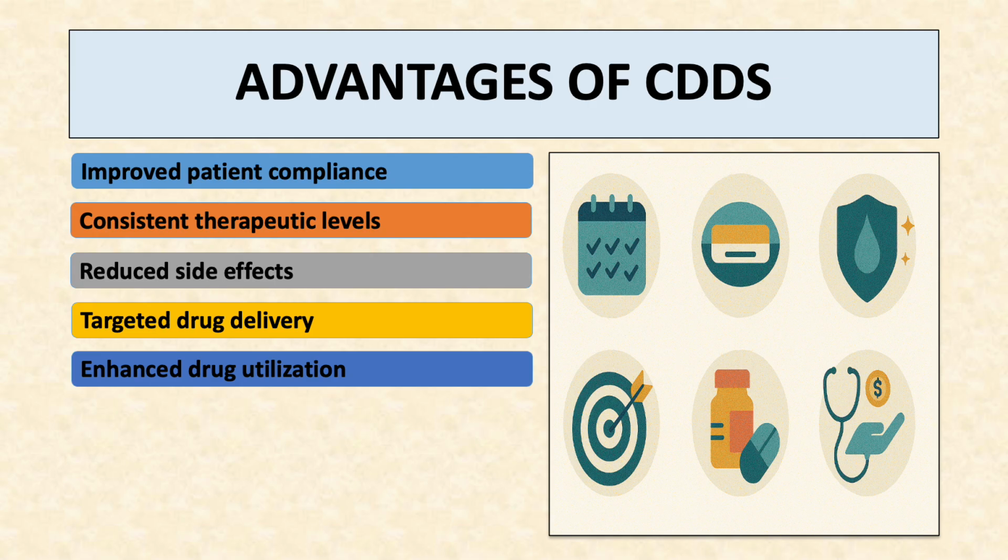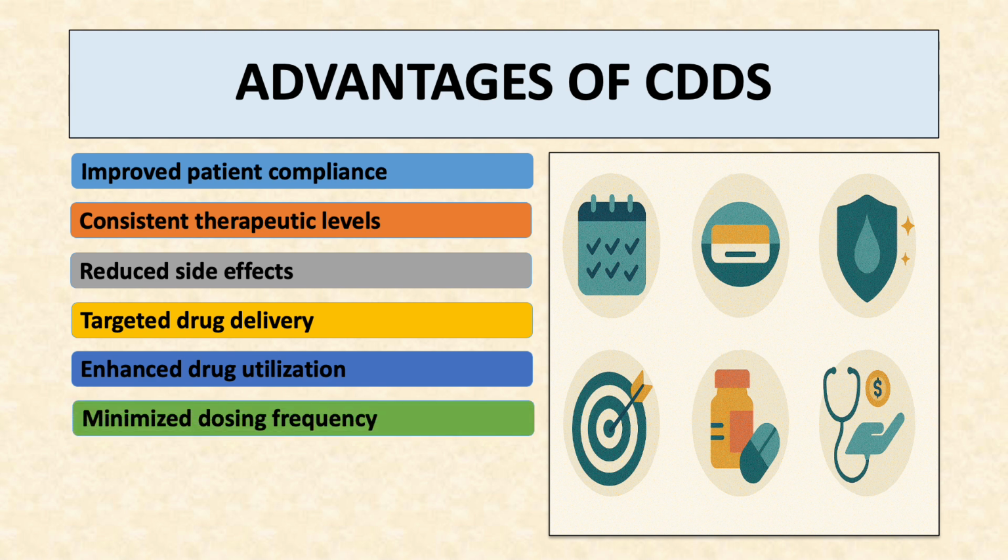Maintains optimal drug levels for maximum pharmacological effect. Minimizes drug wastage due to rapid clearance. Next, minimized dosing frequency. Long-acting formulation can replace multiple daily doses, improves lifestyle convenience and adherence.